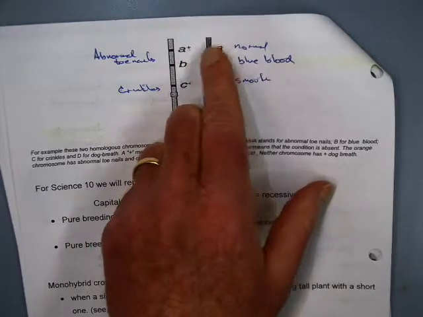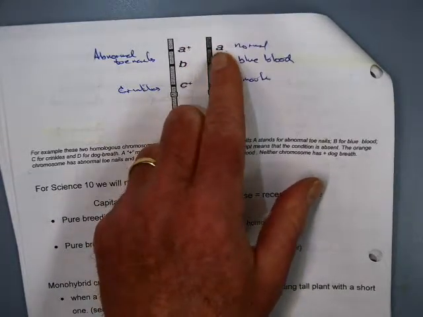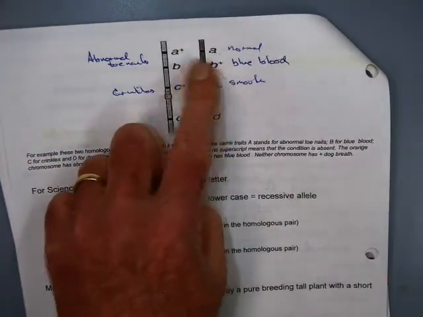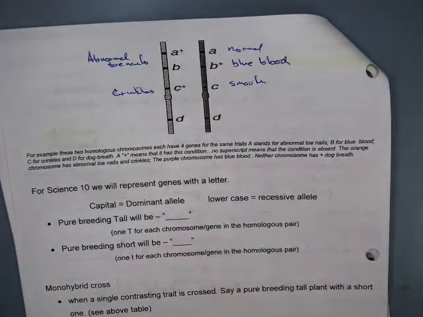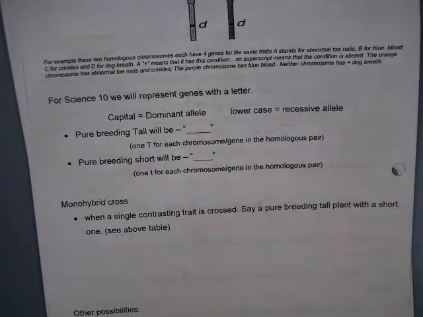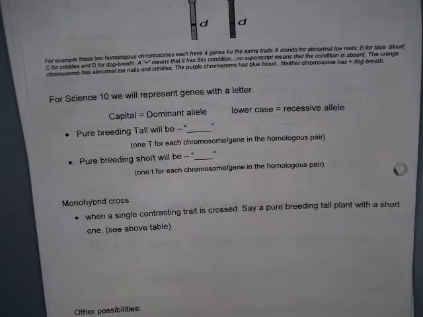These are called alleles because they're the possible outcomes. They live in the same place on the same chromosome as the other alleles. Okay? Dominant alleles from now on are going to be capitals. Lowercase is always going to be recessive, and that's how we're going to do it.